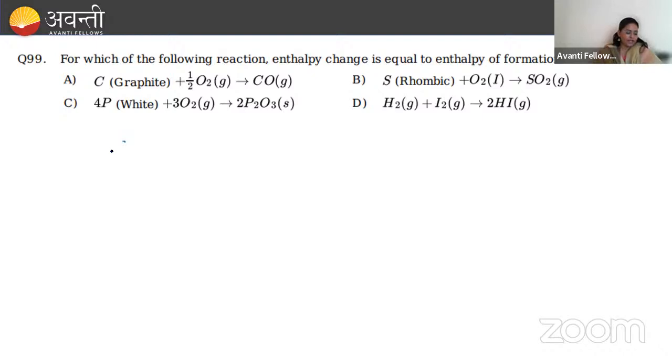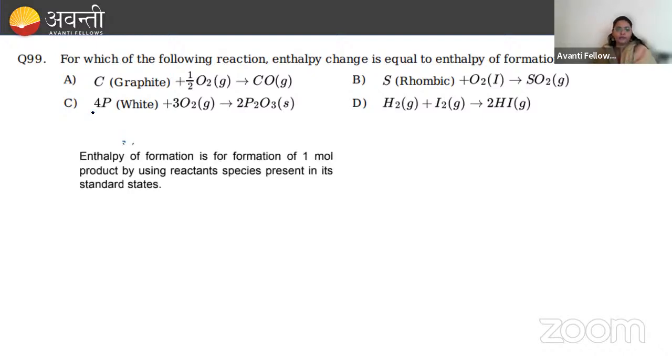So that's why here the answer is option A: carbon graphite plus 1/2 O2 gives CO. Here carbon is present in its standard state. So that's why for that reaction the enthalpy change will be equal to the enthalpy of formation.